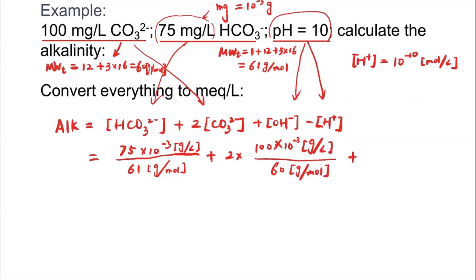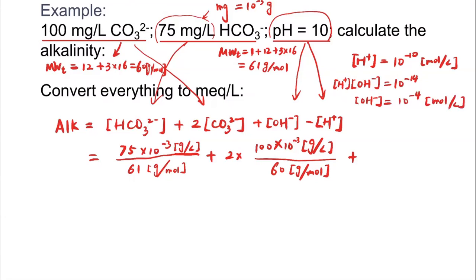This is the definition of the pH. Because we know that the hydrogen ion concentration multiplied by the OH ion concentration is always 10 to the negative 14, we can calculate that the OH ion concentration is 10 to the negative 4 mole per liter.